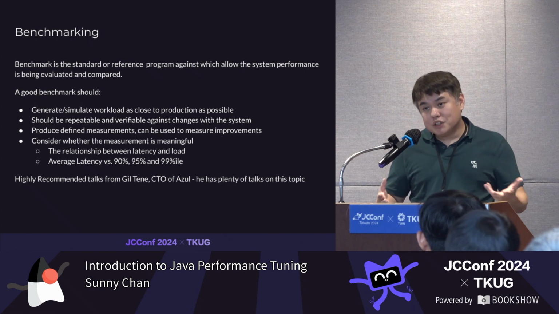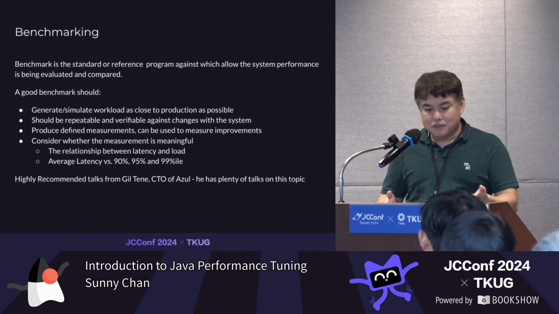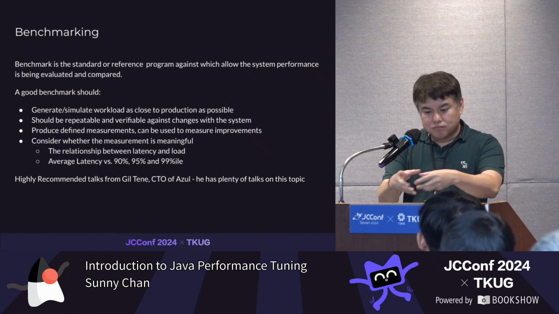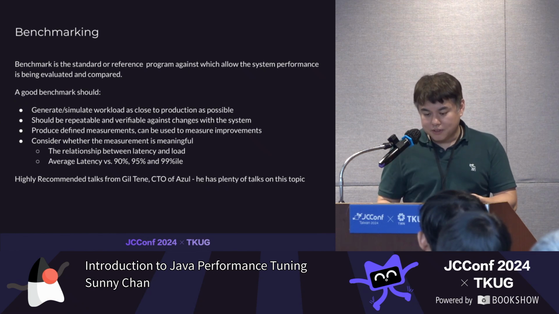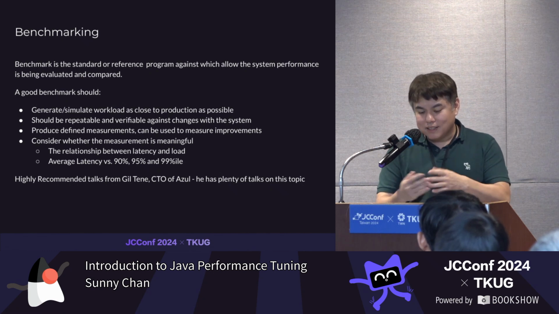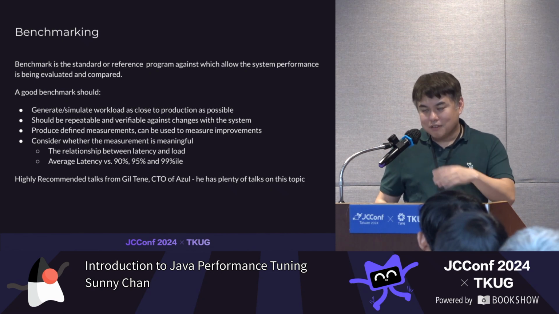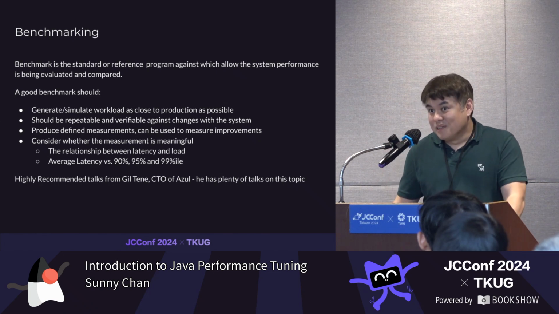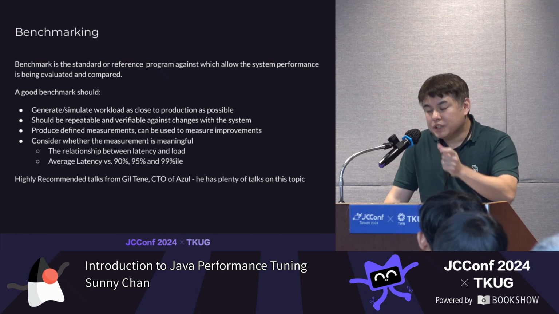You can measure the average latency quite easily. So you set up a HTTP request sample, and you send the request to your system, and then you send like 100,000 requests, and then you divide the time that it takes for that 100,000 requests, and you can collect the average latency.